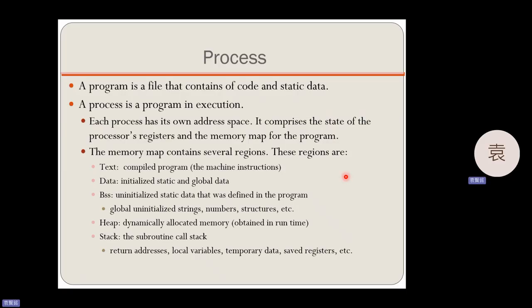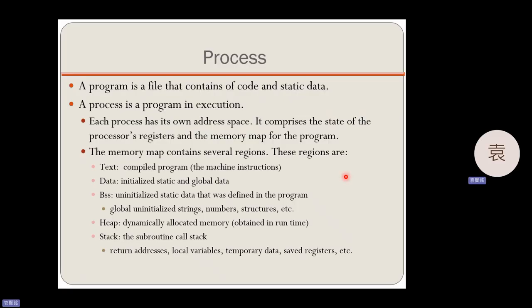A user process or user program is a program which can be loaded into memory by the operating system and then have its instructions executed by the CPU. The difference between program and process: in operating systems the terms have different meanings.